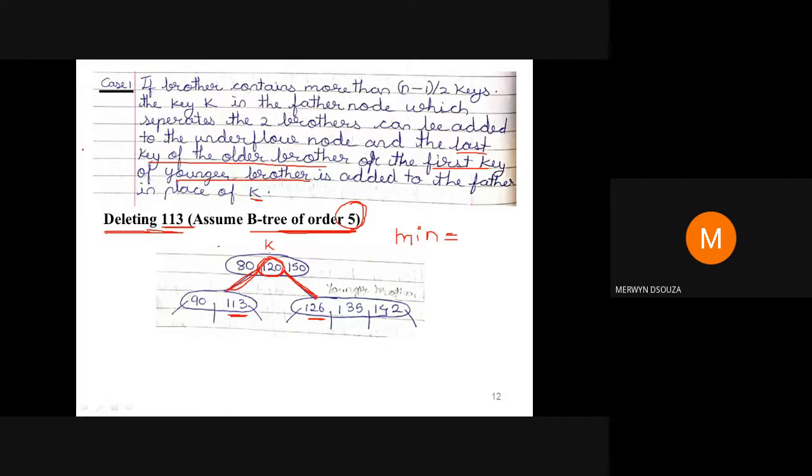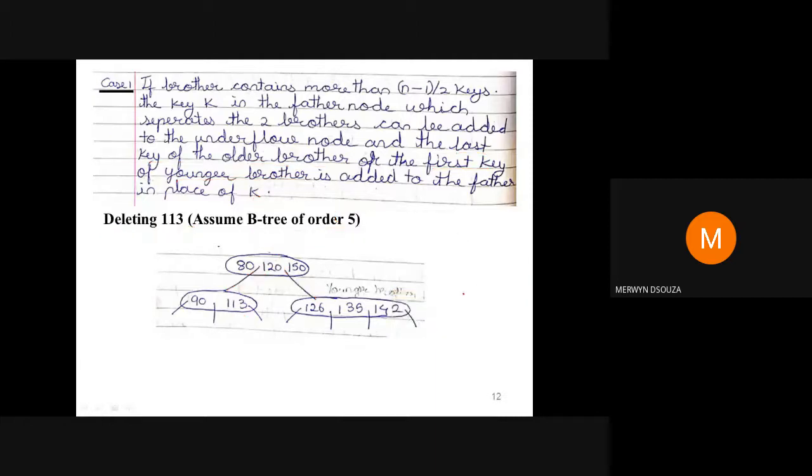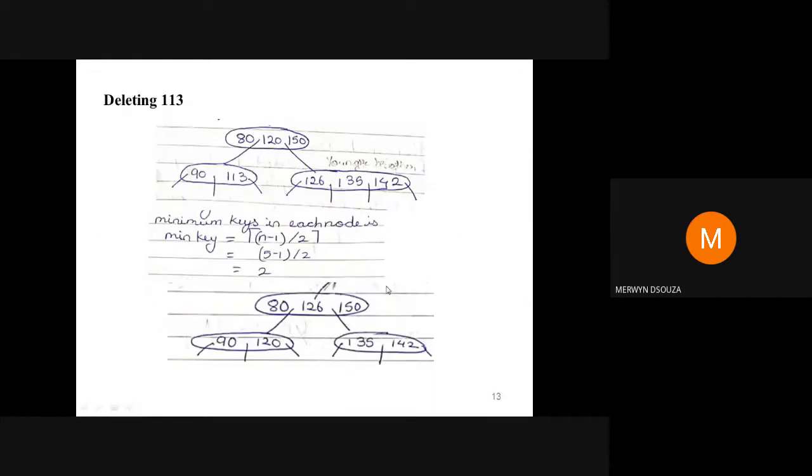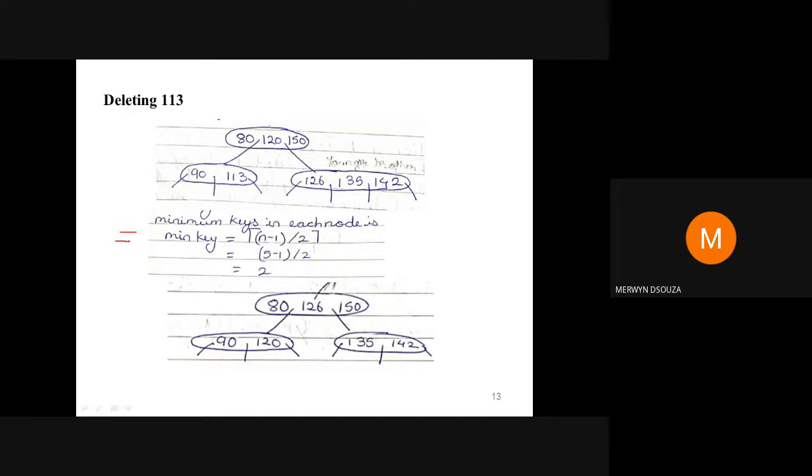What is the meaning of all these lines that we have written here? Here again we are deleting 113. Before deleting, like I told you, you calculate your minimum number of keys in the node using this formula.